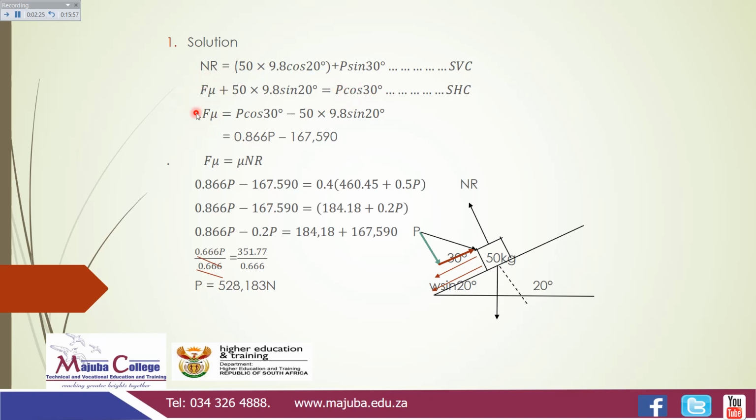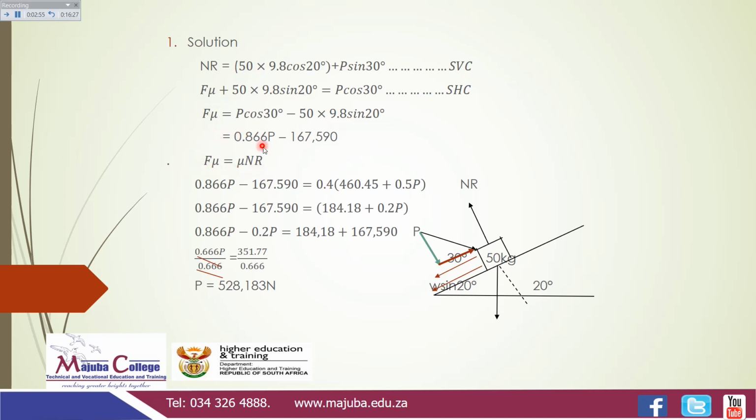So making Fu the subject of the formula, you will have P cos 30 minus 50 times 9.8 sine 20. So Fu will be equal to 0.866P minus 167.590, which is 50 times 9.8 sine 20.